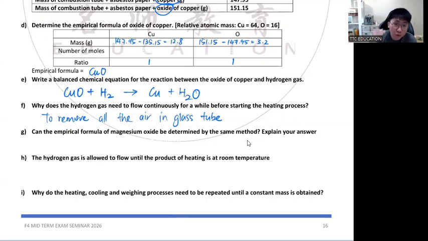Hydrogen is less reactive than magnesium, so it cannot. So the answer is no, because magnesium is more reactive than hydrogen.